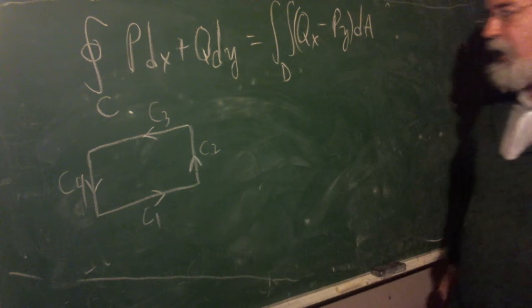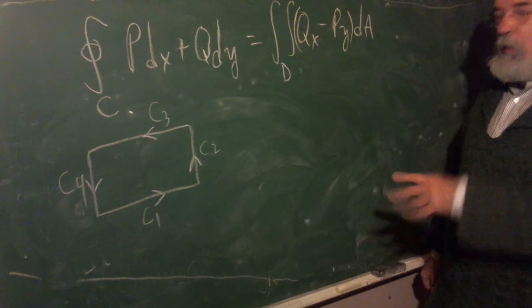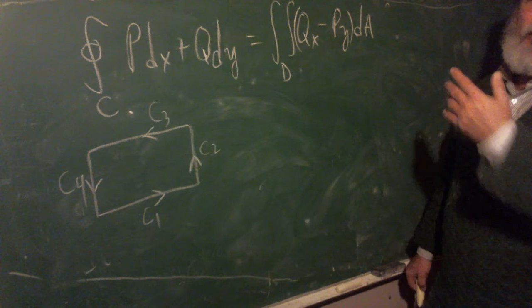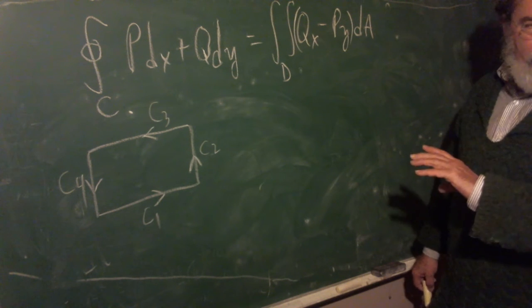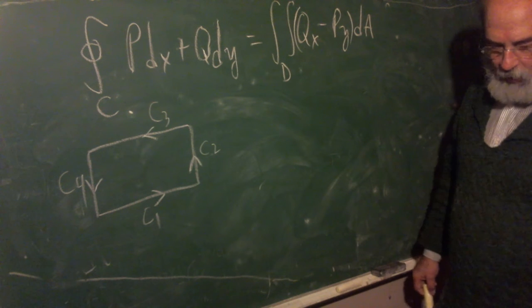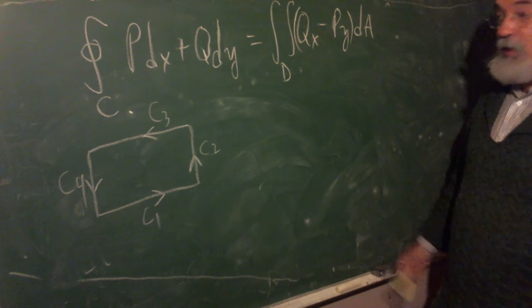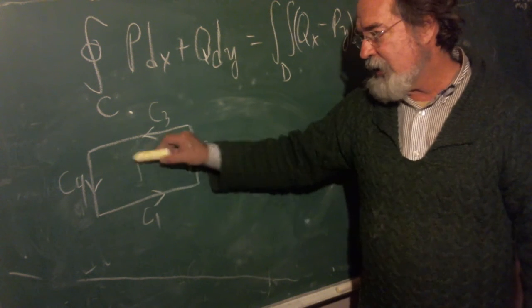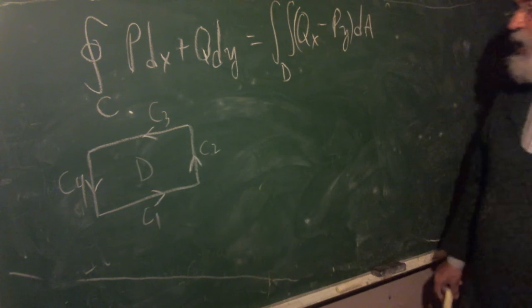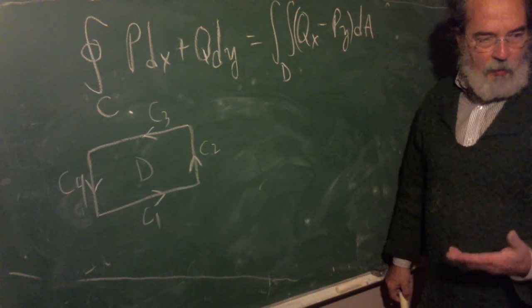There's a lot going on there. But remember, I could have had one of these pieces be curvy, and it doesn't really matter. The book does a piece where a couple of parallel sides are kind of curvy, and it doesn't matter. But if we do this as the C curve, and then that's the D inside, we can see the following things happen. We're going to do it one piece at a time.